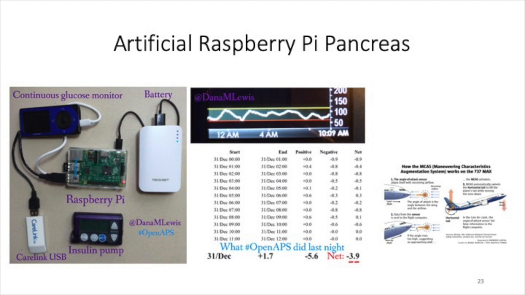So the idea, I remember, was invented by an engineer. Basically, he was thinking, why not have continuous monitoring of my glucose? Then based on some algorithm, I can give the insulin to my body based on the calculation.